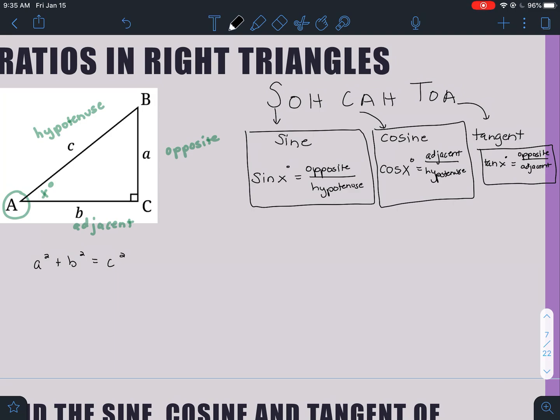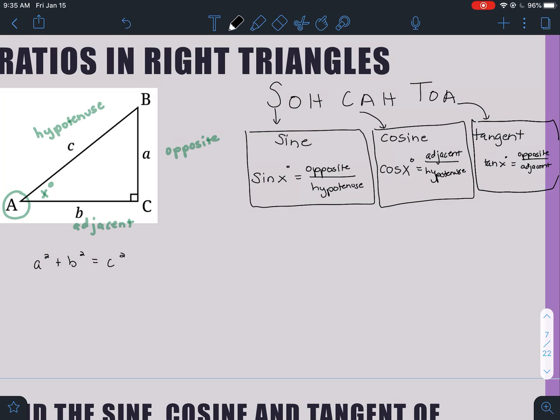Sine of an angle is equal to the opposite side divided by the hypotenuse. The cosine of an angle is equal to the adjacent side divided by the hypotenuse. And then TOA, the tangent of an angle, is equal to the opposite side divided by the adjacent side.